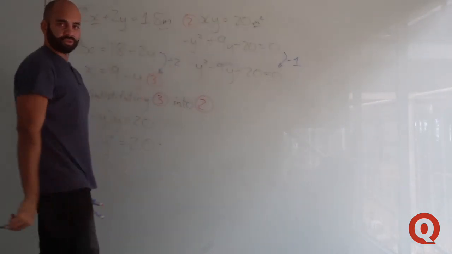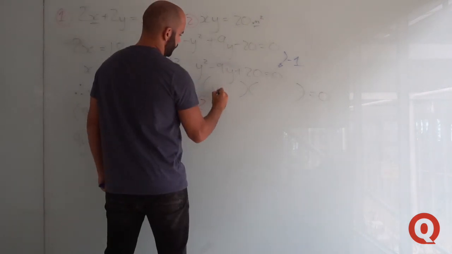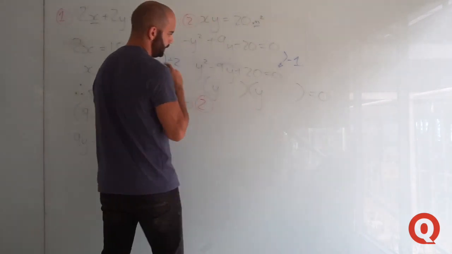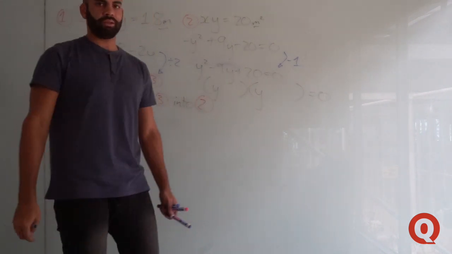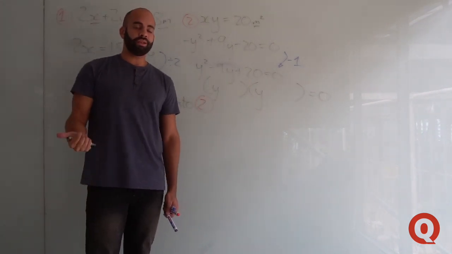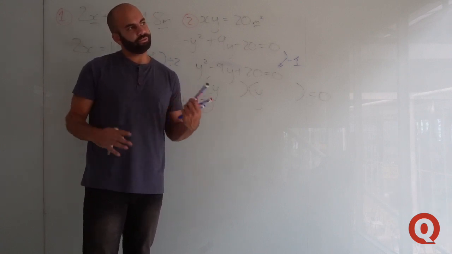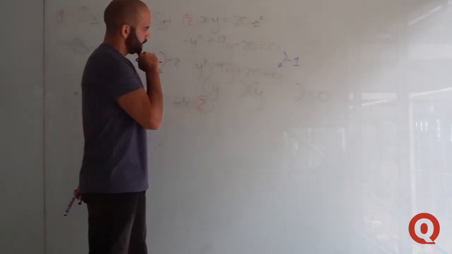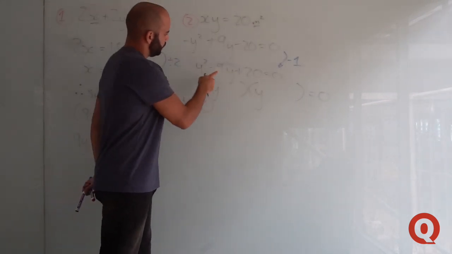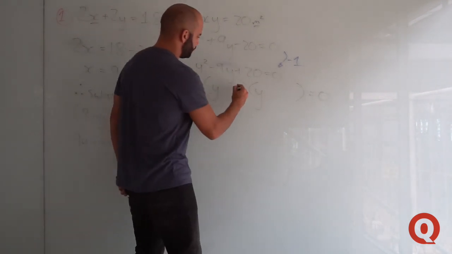And is it possible to factorize this? Well, you've got y, and what are the possible factors you could use to get 20? You've got 2 and 10, 20 and 1, 5 and 4. Well, if you know that your middle term needs to be, the resultant needs to be 9, 5 and 4 is quite the obvious answer.